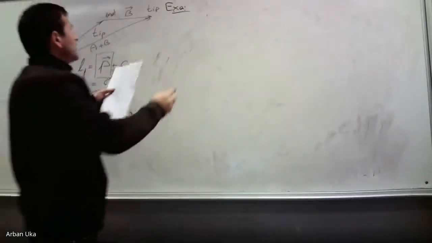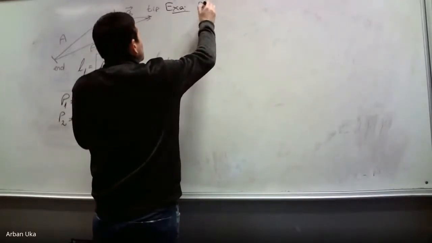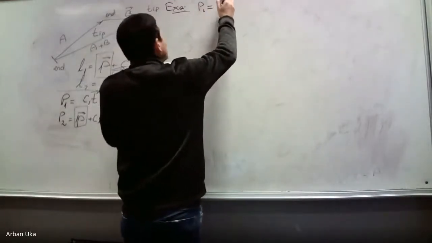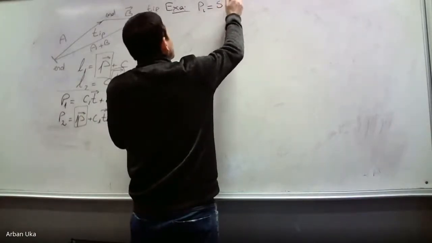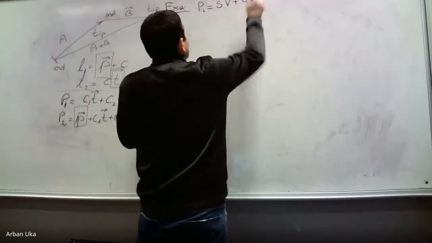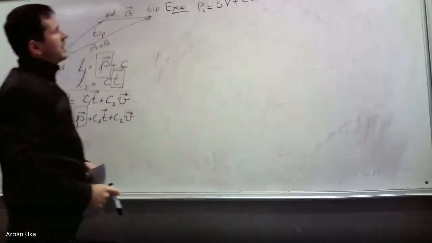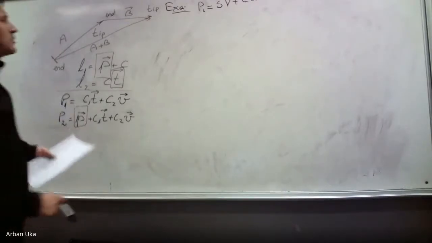So let's imagine that we have a plane P, whatever, which is equal to SV plus TW. V and W are any two vectors, and S and T are two constants.